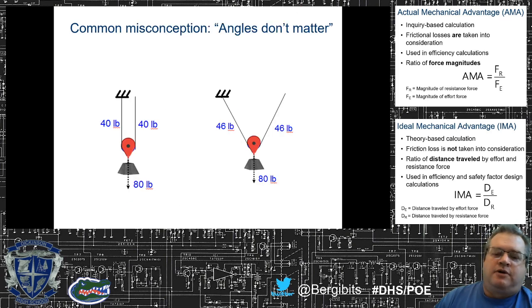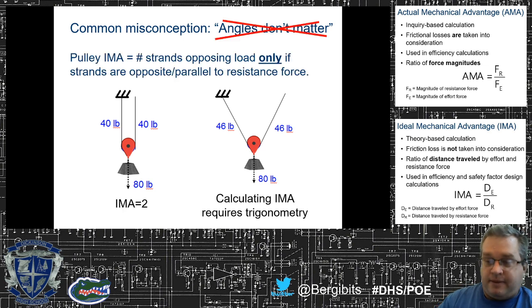Misconception: angles don't matter. They do. Pulley IMA is the number of strands opposing the load only if the strands are opposite and parallel. What we just did only deals with strands that are opposite or parallel.